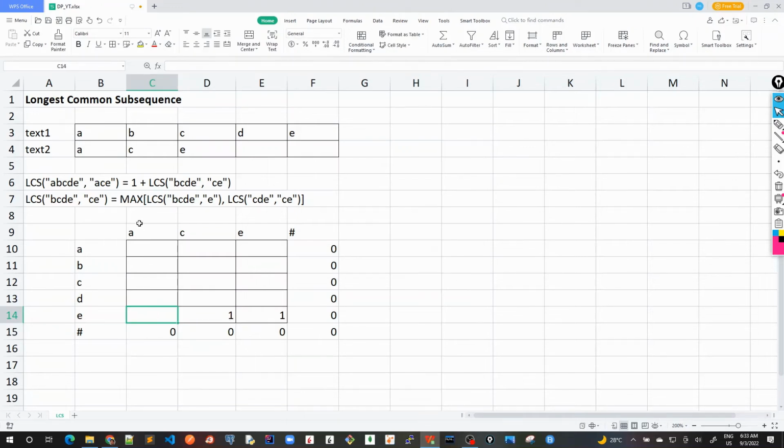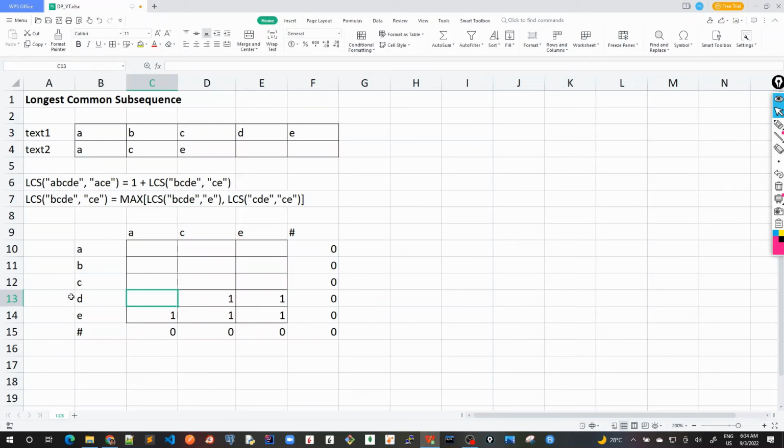Similarly, A and E don't match. It would be max of 1 or 0. It's 1 again. Now next, the second last row. D and E don't match. It would be max of 0 or 1, which is 1. Now D and C don't match. It would be max of 1 and 1, which is 1.